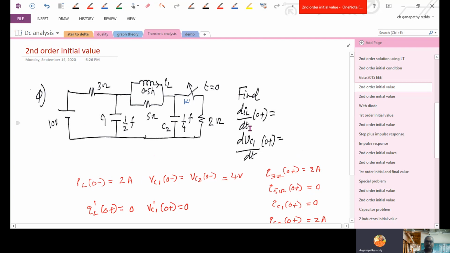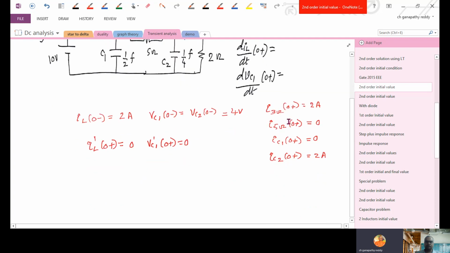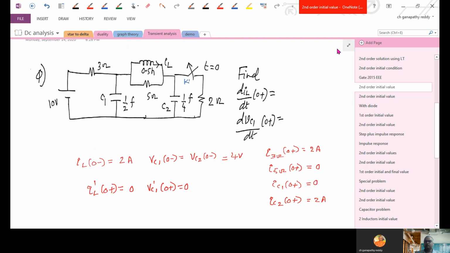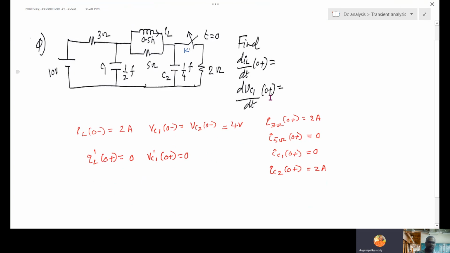Anything at 0 plus, first we should go back to 0 minus. So at 0 minus, what is the equivalent circuit first? So draw the equivalent at t equal to 0 minus. t equal to 0 minus is obviously steady state. In steady state capacitor is open, inductor is short.